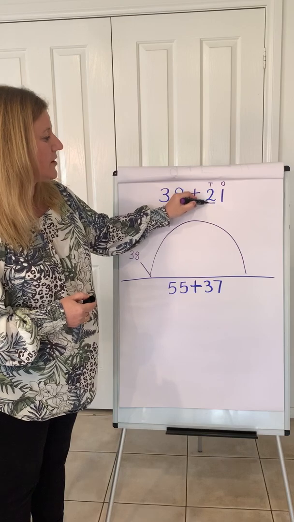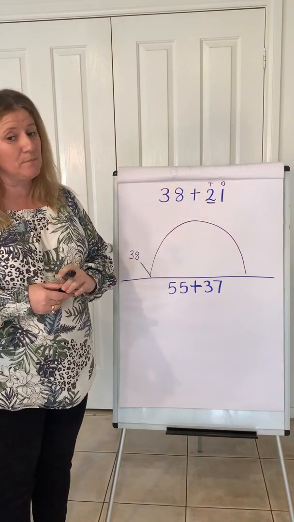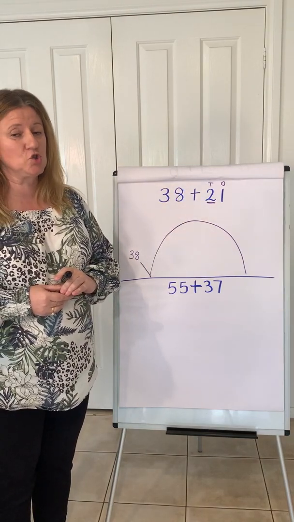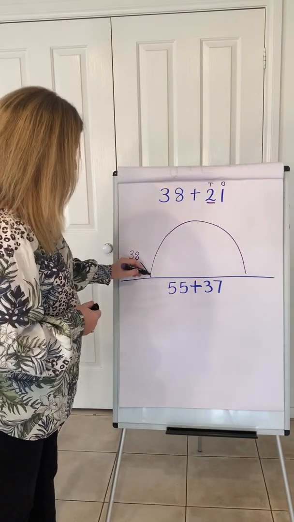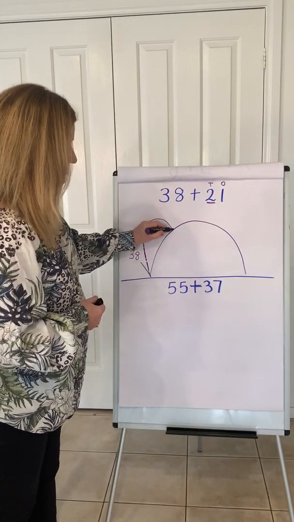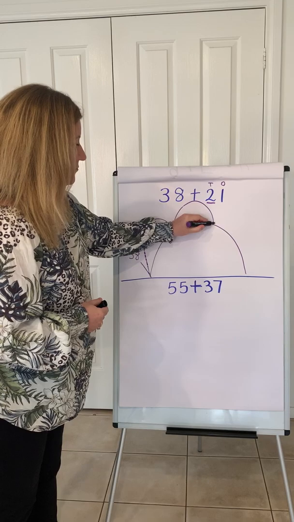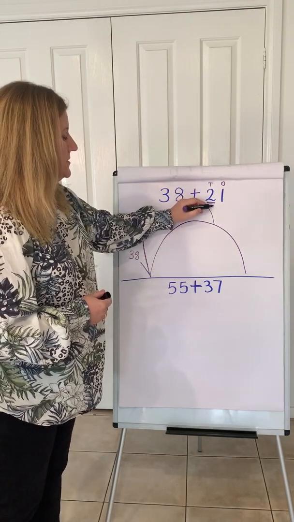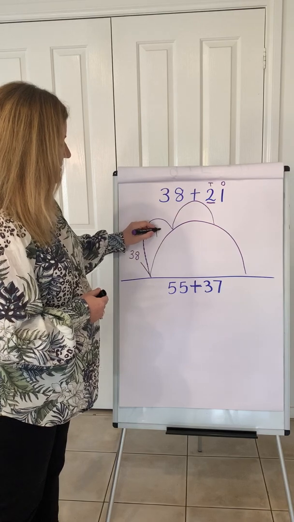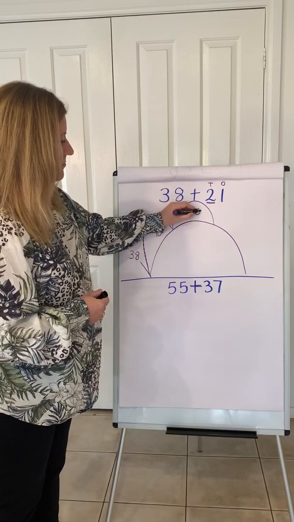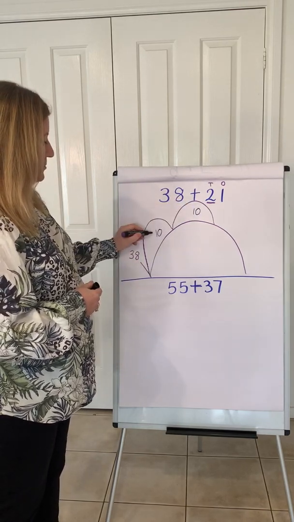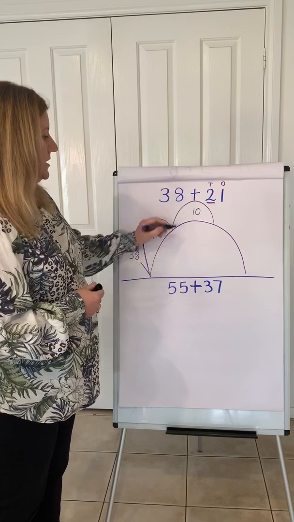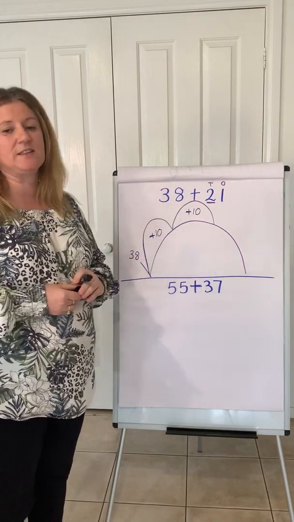That's right, there are 2 10s. That means I've got to do 2 big jumps. 1, 2, because 2 10s is 10 and another 10. So I'm going to plus this 10 and I'm going to plus this 10.